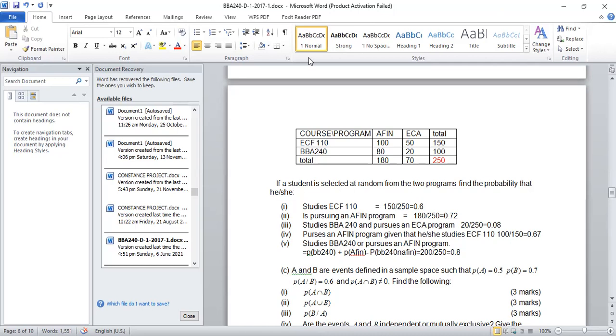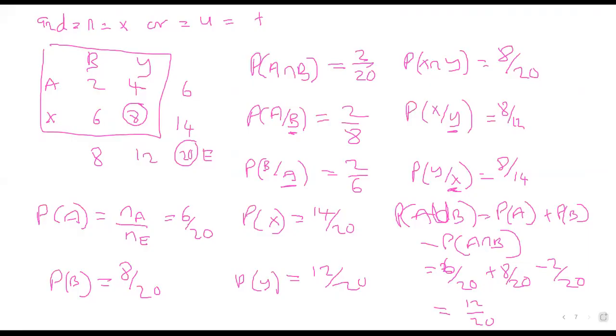This is what you're supposed to do. The other remaining part is where you apply the axioms themselves. For instance, the probability of A is 0.2, the probability of B is 0.3, and the probability of A given B is 0.4.